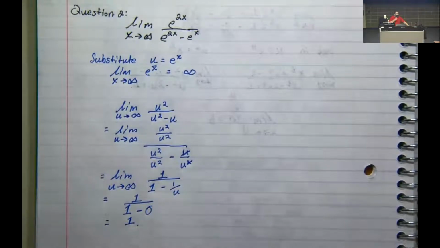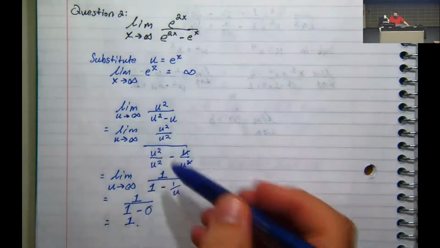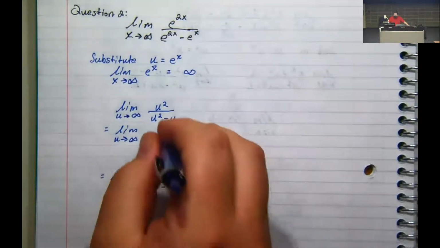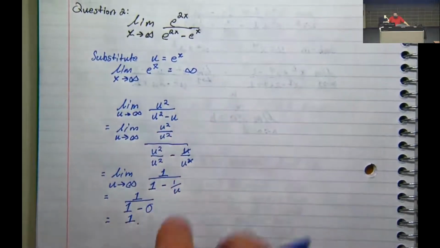I divided every term by u squared. So that's one of the things you can do: if you get here, you eliminate the actual u's from the term and we get to an integer. So that's one of the reasons.